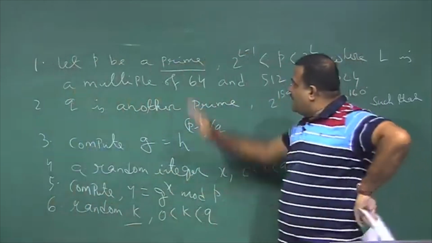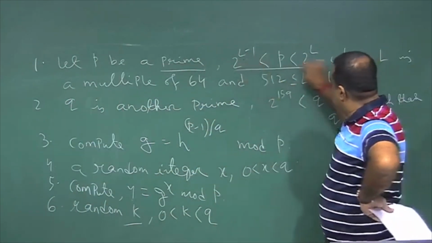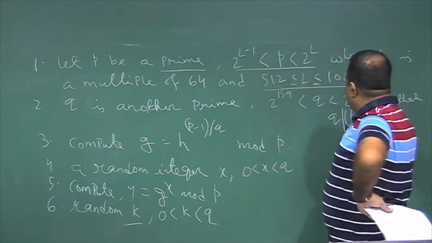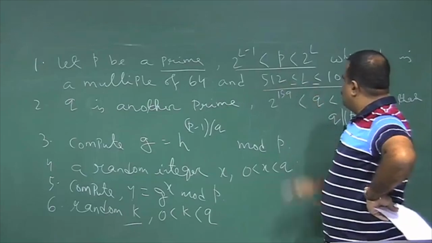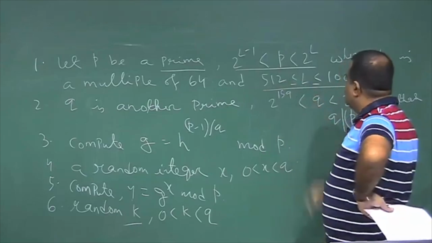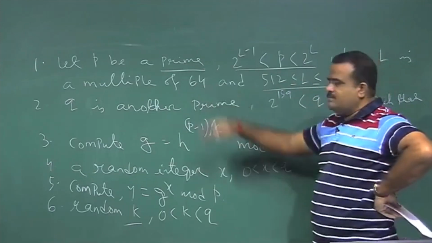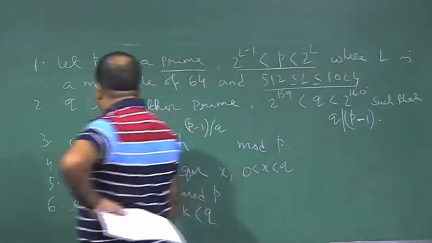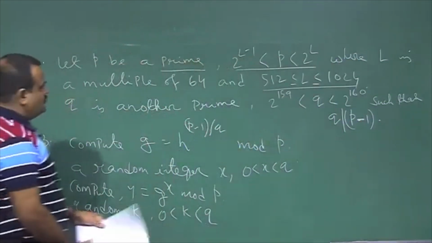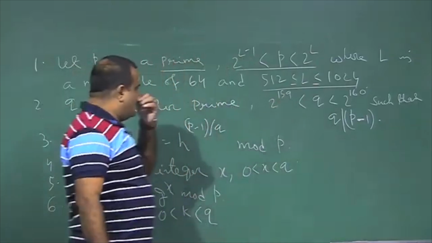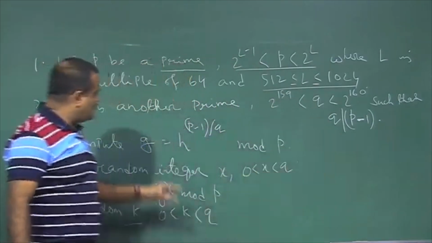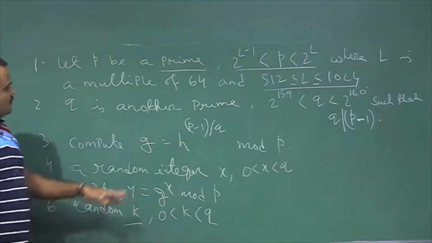So, we have to choose a prime p which is basically L bit, and L has to range from 512 to some value, but L must be a multiple of 64. Then we have to choose another prime q which is basically 160 bits, and q must divide p minus 1 because we have to calculate this.